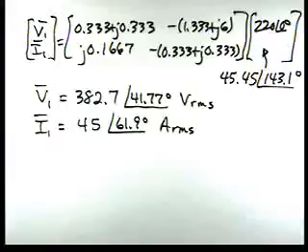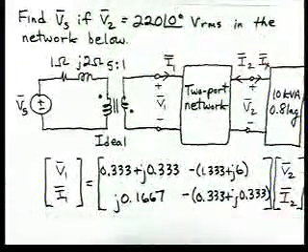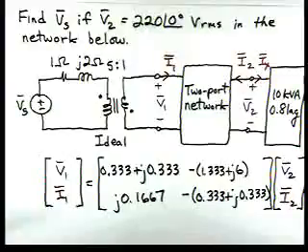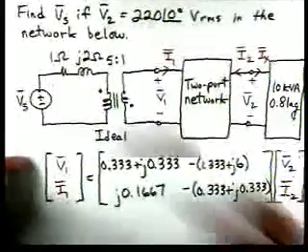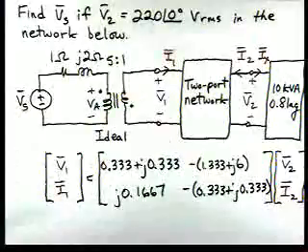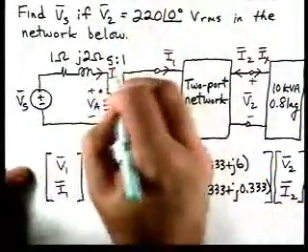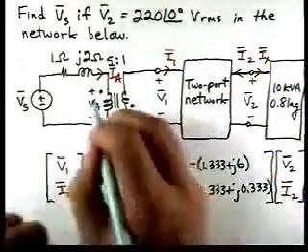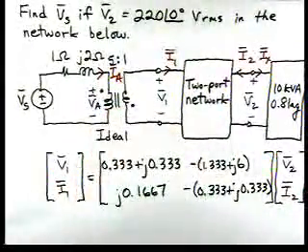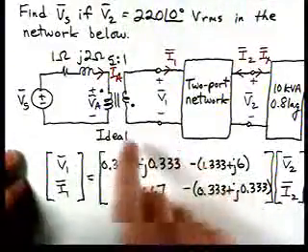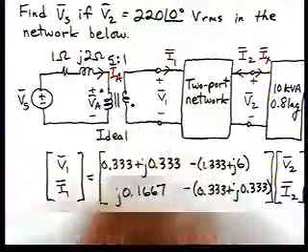So now we know V1 and I1, and we're ready to go through the ideal transformer. Let's call this voltage VA, and let's call this current IA. We note that we have both currents entering the dots.